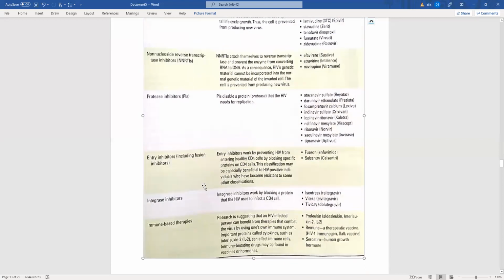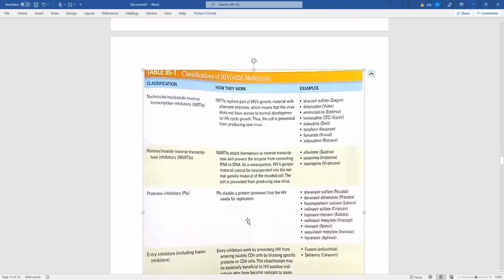You study the classification. They're going to put that drug with the classification. We can't learn all of this, it ain't gonna happen. So they're going to say something like: the HIV immunogen is an immune-based therapy, and it works by.